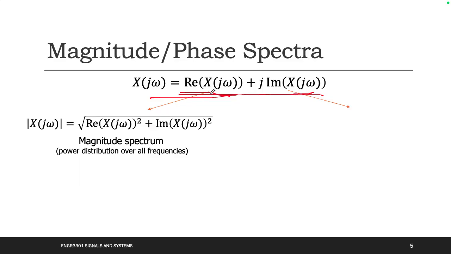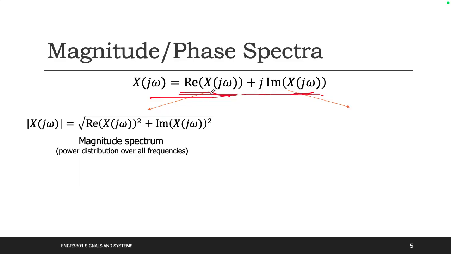You can see this omega goes from negative infinity to positive infinity, because this signal is non-periodic. You don't know what specific frequency is involved in this signal, so this power is just distributed over all frequencies.